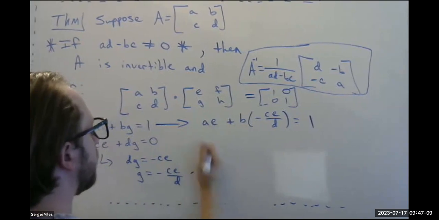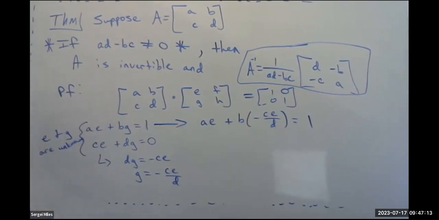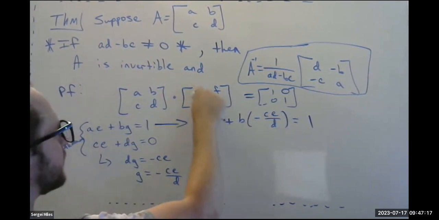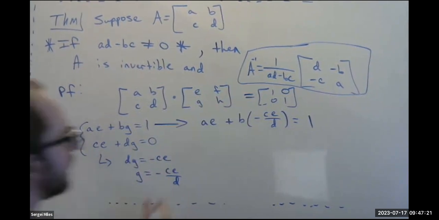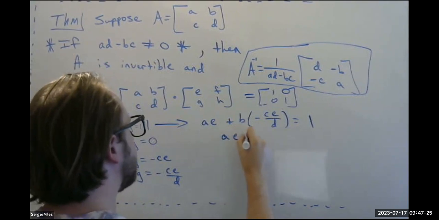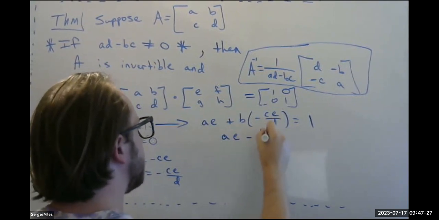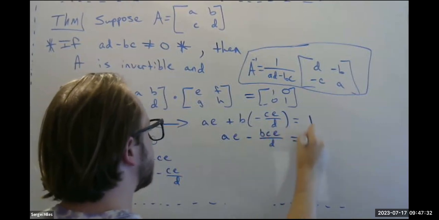All right, well, now I only have one unknown, the letter E. So now I can solve for E and figure out, what does this first entry of the inverse matrix have to be? All right, well, I need to multiply here. So we have AE minus BCE over D is supposed to equal 1.